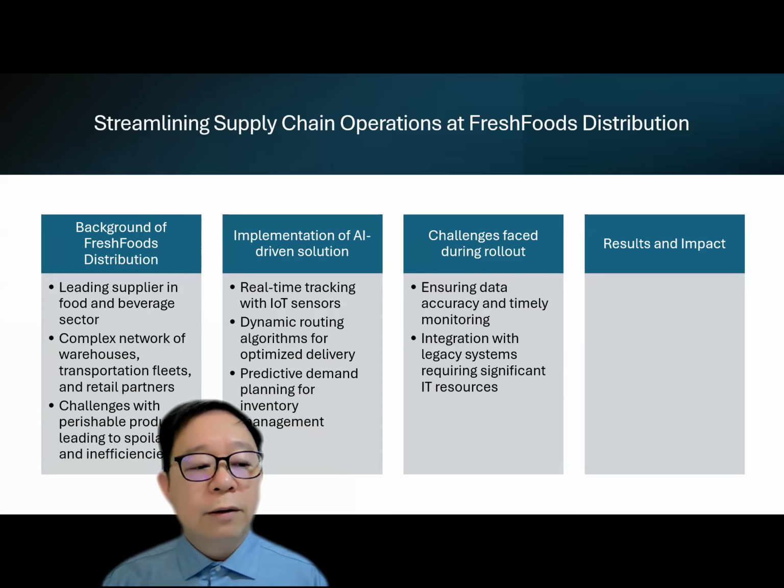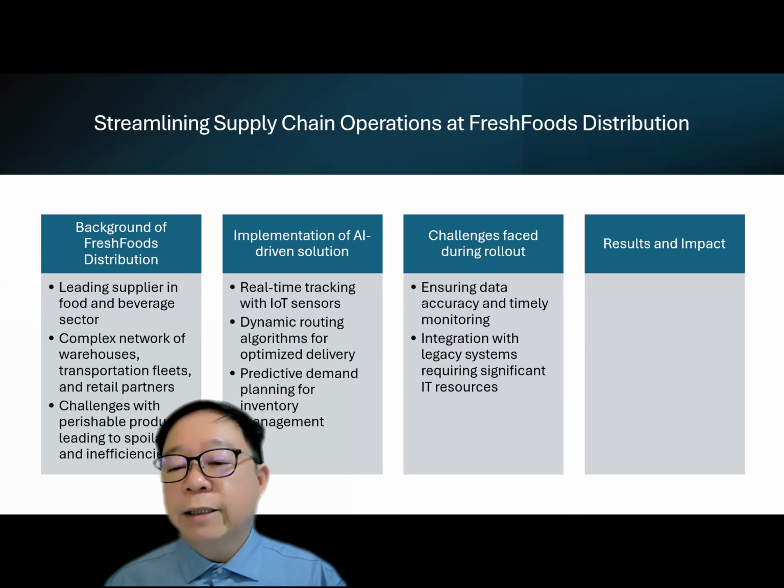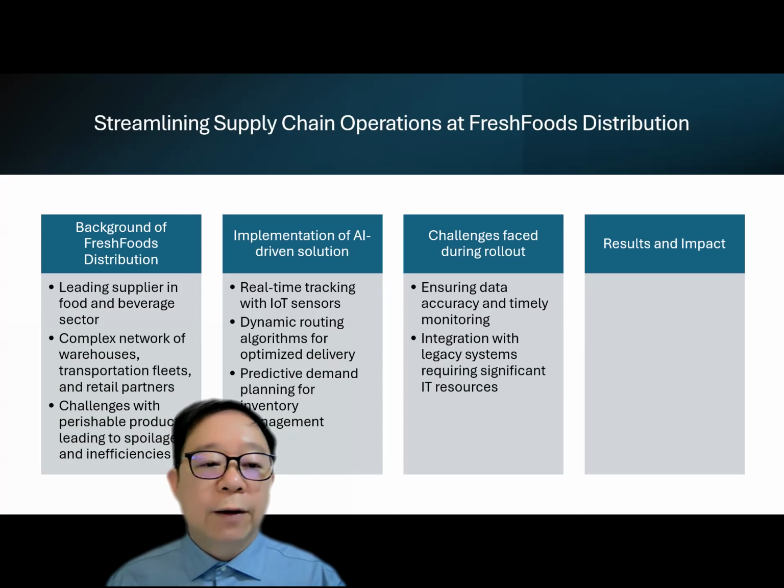There are so many warehouses, transportation teams, and retail partners. Very messy, very difficult to organize. And at the end of the day, without a proper supply chain operation, a lot of product is spoiled or expired. A lot of wastage. Of course, the profit has gone down.